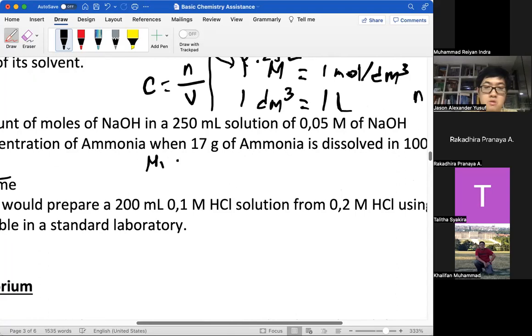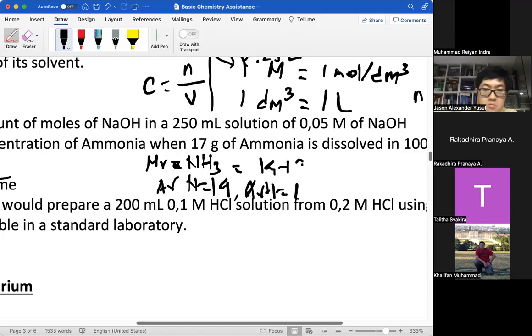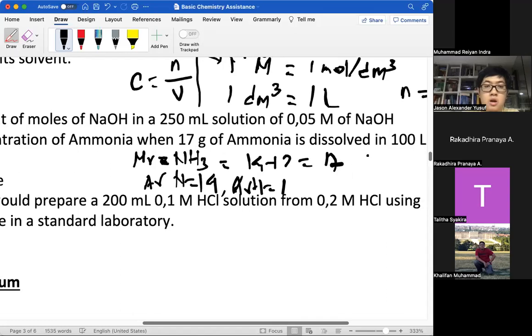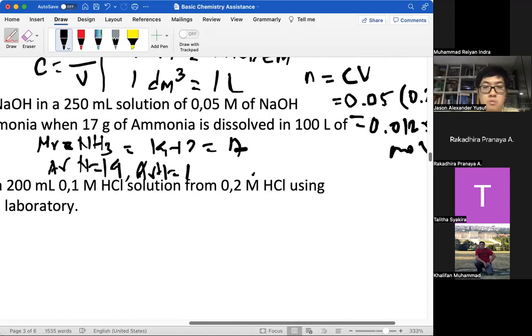That means we need to find the Mr of NH3, where the Ar of N is 14 and the Ar of H is 1. So this is 14 plus 3 equals 17. Hence, you have a mole of ammonia of 17 over 17, which is 1, a beautiful number.